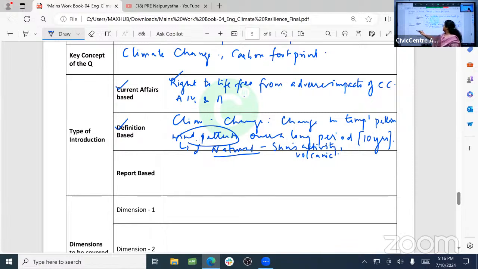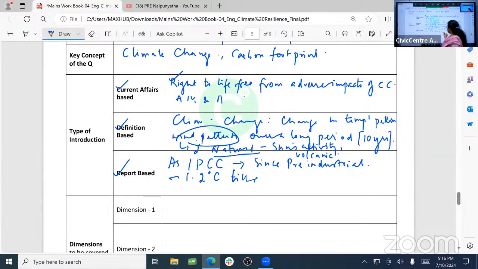Now, report based. Let us say I am taking the example of the Intergovernmental Panel on Climate Change, that is IPCC. IPCC states that since pre-industrial times, the surface temperature of Earth has risen by approximately 1.2 degrees centigrade till date.